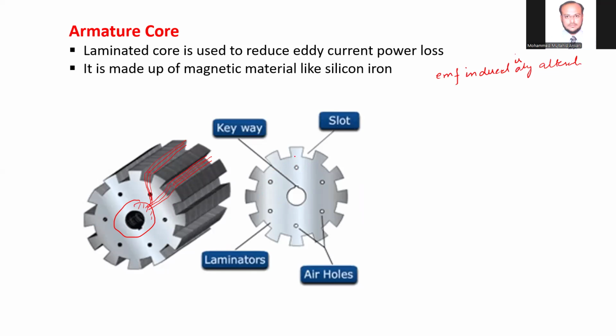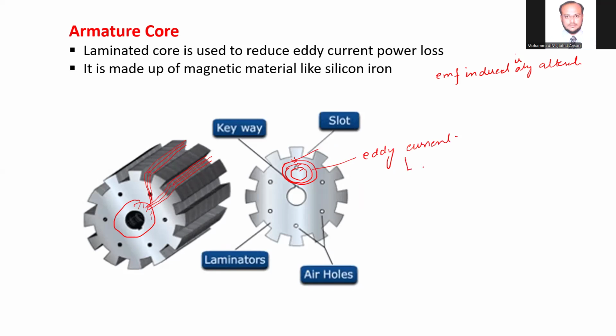So this metallic part also induces some EMF, but it does not find any closed path or any external circuit. Therefore, the current flows in the form of eddies over the surface of this iron part, and this type of current driven by the induced EMF is called eddy current.